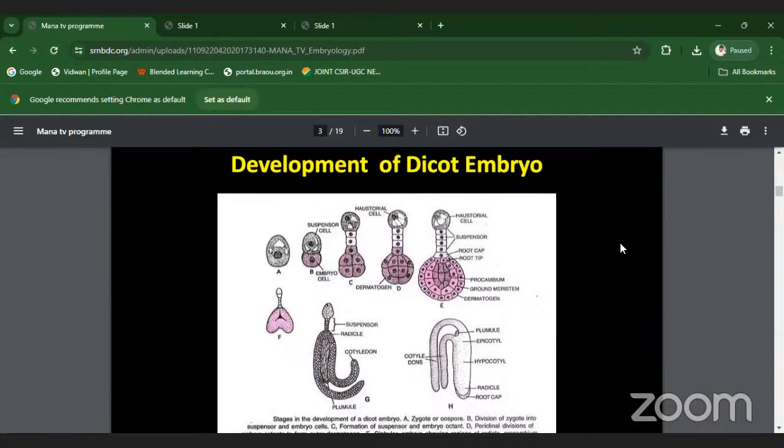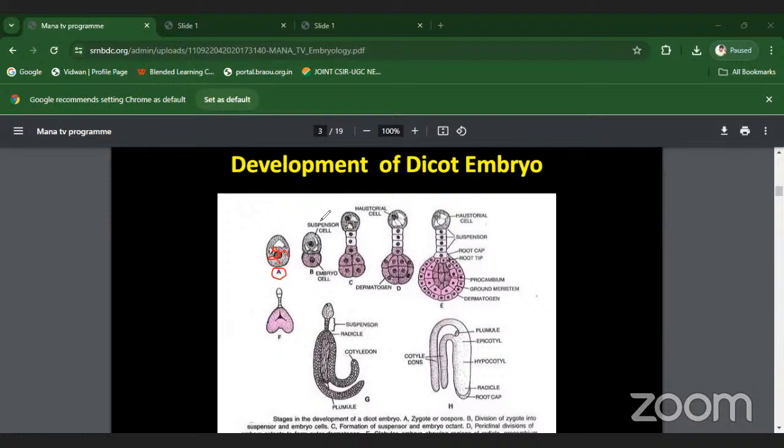First of all, what is the initial cell for the development of the embryo? What is the initial cell? Zygote. Right, this is the zygote, which is diploid in state.